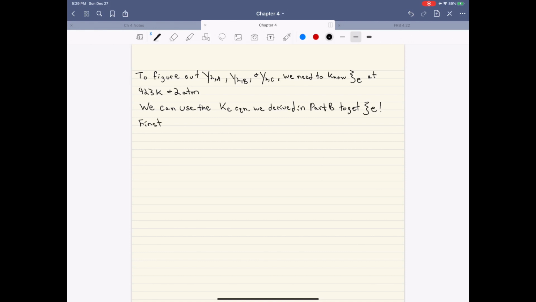But in order to solve for ξ_E, we actually need to know what our equilibrium constant is. So we need K sub E at 423 Kelvin and 2 atm.